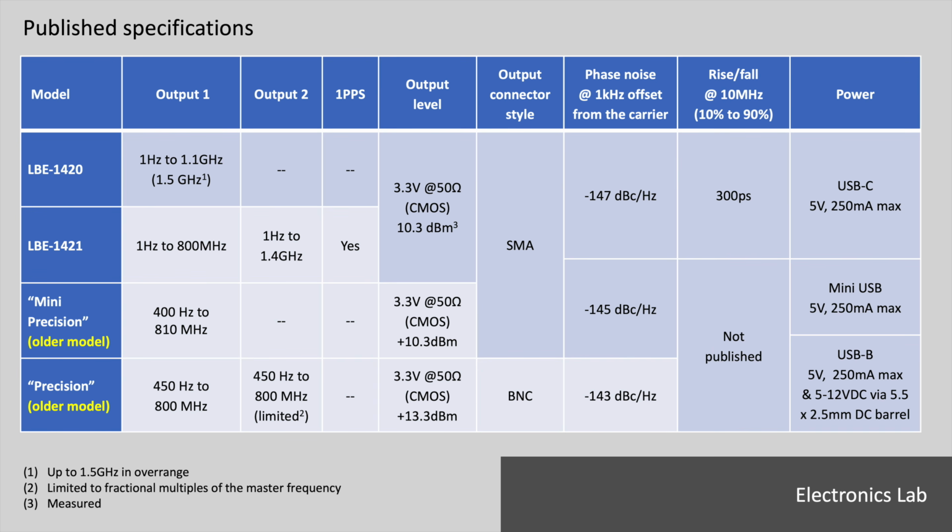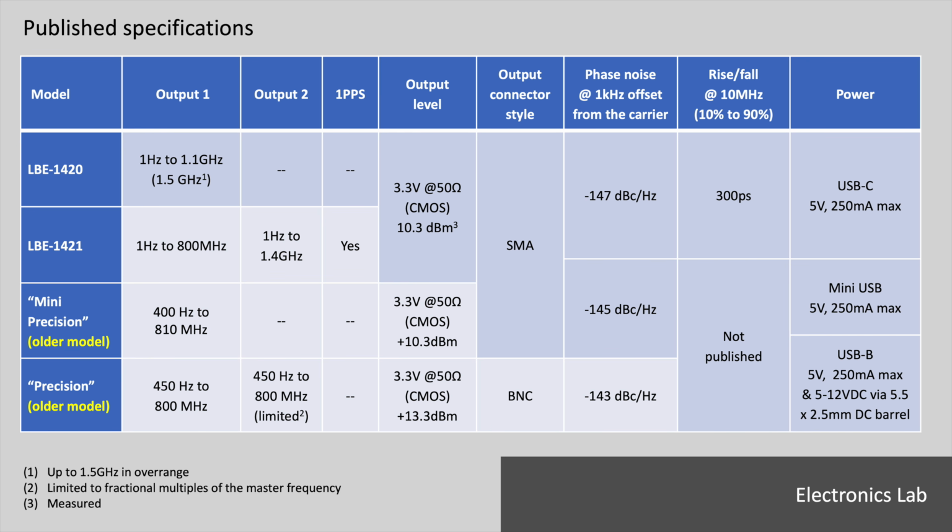On this sheet you see the specs of the devices being sold by Leo Bodnar right now, and the two top ones are the devices that were introduced last year, and then we got the two precision models, the mini precision and the normal precision, that are the older devices. And we have devices with one output and two outputs for both generations.